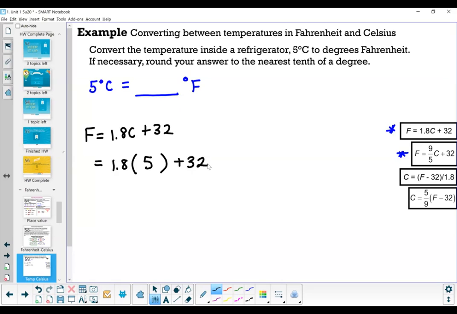All right, so we need to do multiplication of 1.8 times 5. So 8 times 5 is 40. And then 5 times 1 plus the 4 is 9. We have one decimal place overall, so 9.0. 9.0 is just 9.